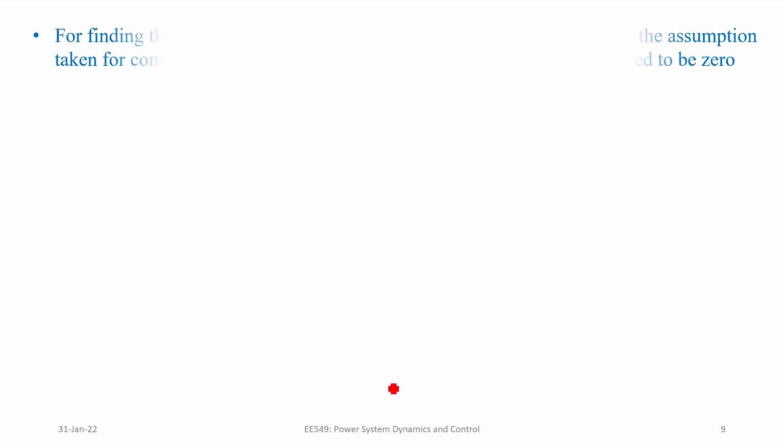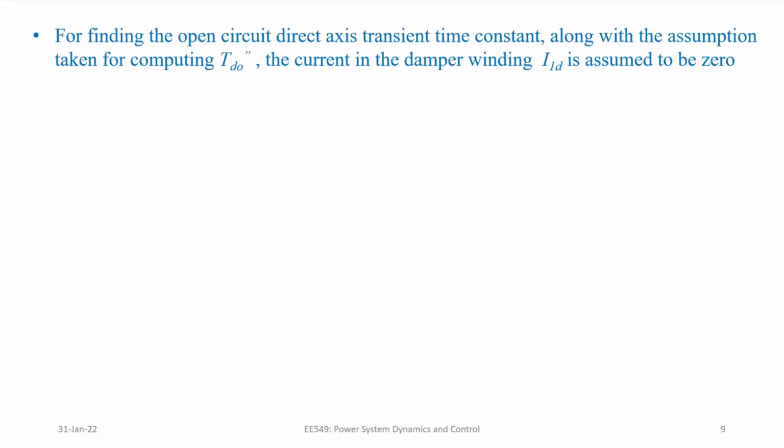Now we can also derive the transient time constant. For finding the open circuit direct axis transient time constant, unlike the assumption taken for computing the open circuit subtransient d-axis time constant, the current in the damper winding, that is I1D, is assumed to be 0.